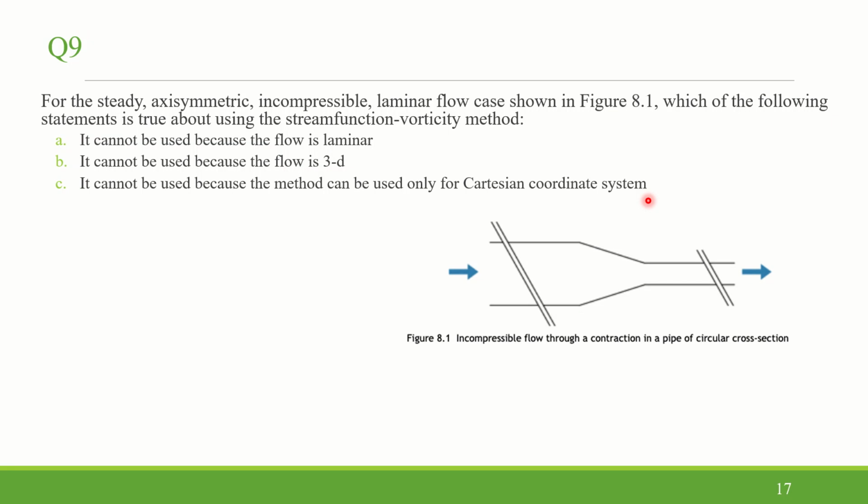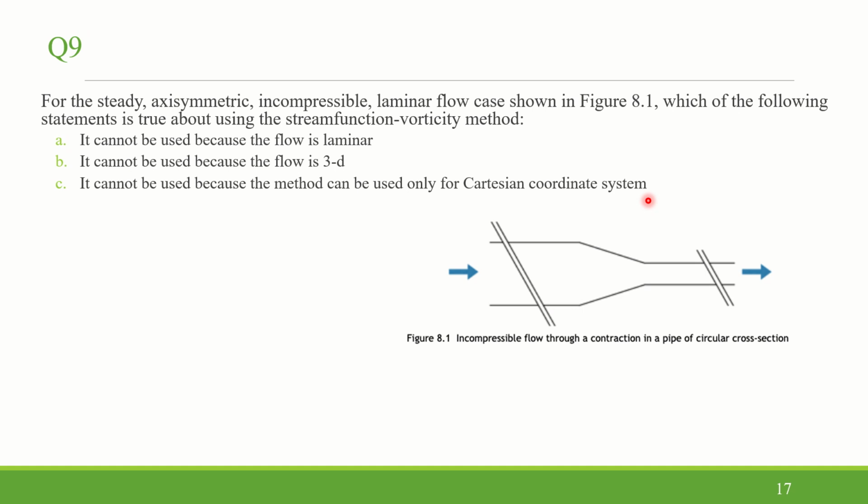So here all the three statements are basically false. Why? Because the first statement is mentioning that it cannot be used because the flow is laminar. That is a false statement. And the second statement is also false because here we are dealing with an axisymmetric system, therefore we can use the stream function vorticity approach. And the third one is it cannot be used because the system can be used for Cartesian coordinates only, and that is again a false statement.